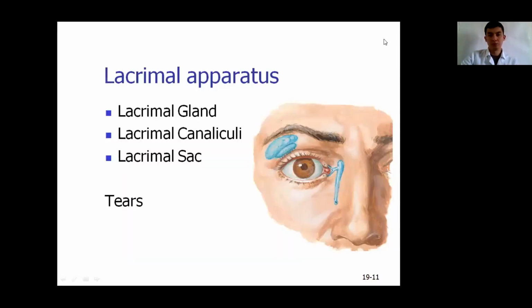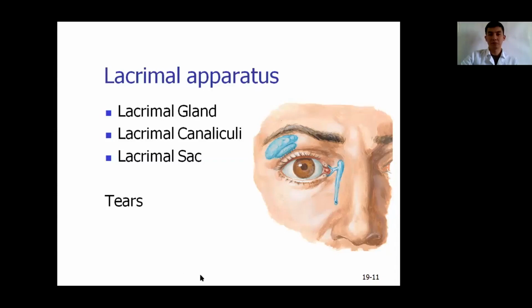The lacrimal apparatus is the part of the accessory visual structures that produces, secretes, and collects the tears. The main function of this apparatus is moistening the cornea. It is represented by the lacrimal gland, lacrimal canaliculi, and lacrimal sac.